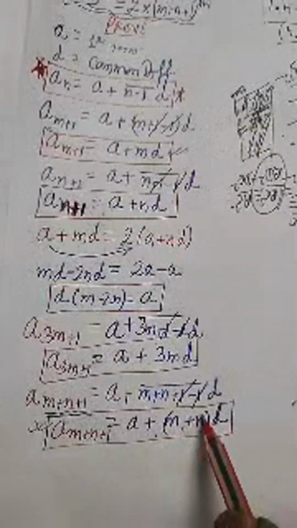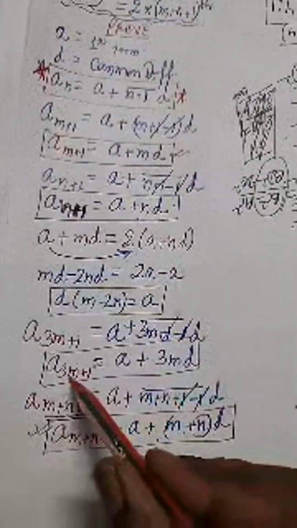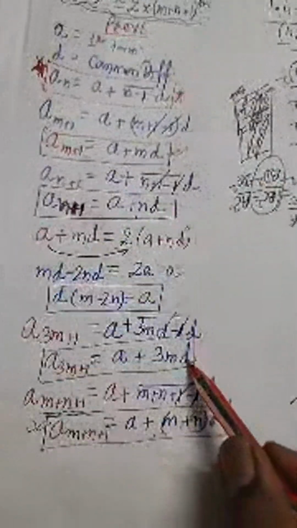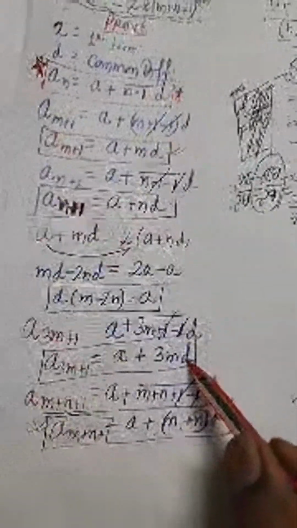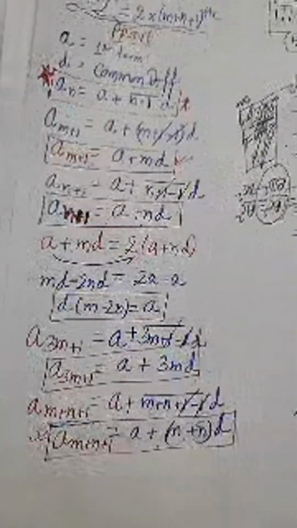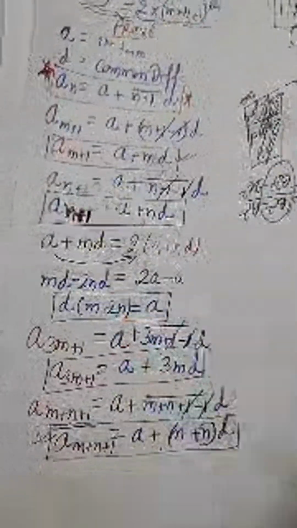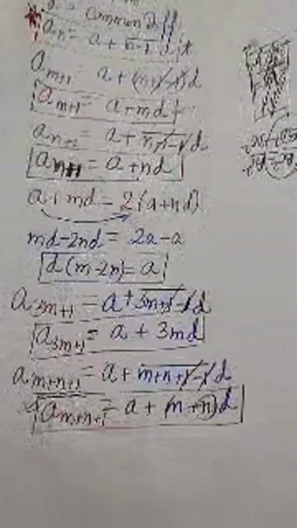Here n is present, and in the 3m plus 1th term no n is present. So using the above relation, we replace the value of n. So what is the value of n?